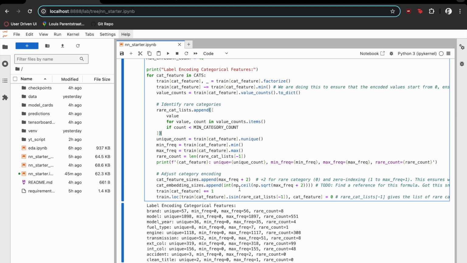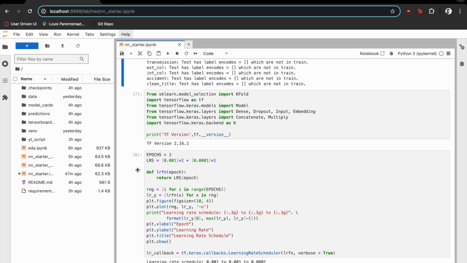As soon as I find a reference, I will update the video description along with the link. I have taken this heuristic from a neural network starter notebook on a Kaggle discussion forum. I will also leave a link to this notebook in the description below. Overall, for categorical features, we are converting them into numbers, then filtering out all the rare categories, and calculating the appropriate embedding sizes for each categorical feature.